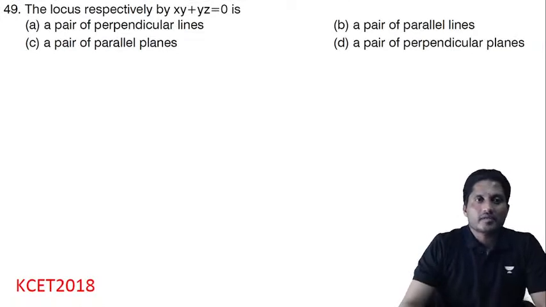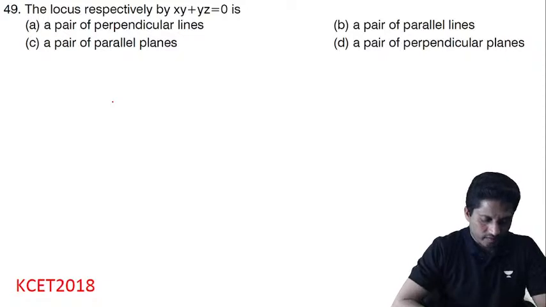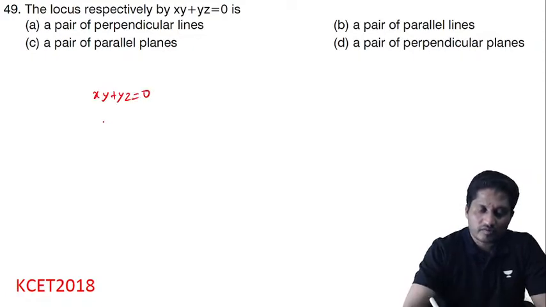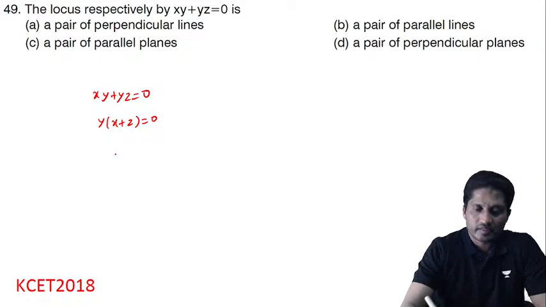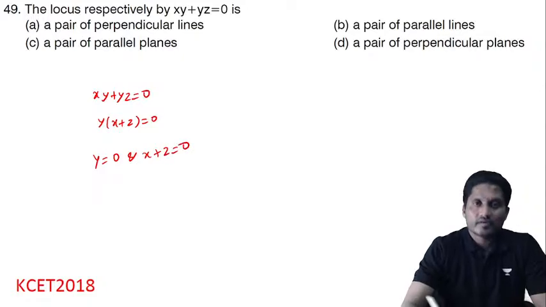The locus represented with the line k, x, y. xy plus yz is equal to 0. If I take y common, you get y times x plus z is equal to 0. Hi Pavan. Y is equal to 0 and x plus z is 0, right?